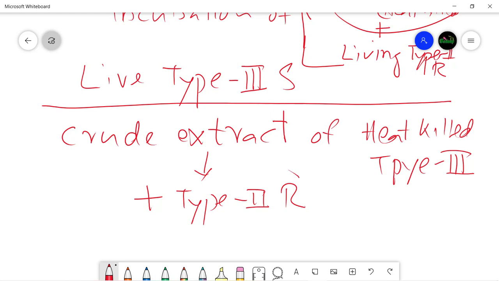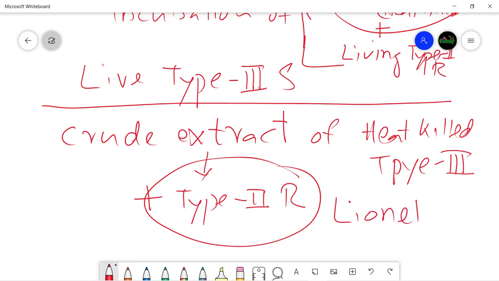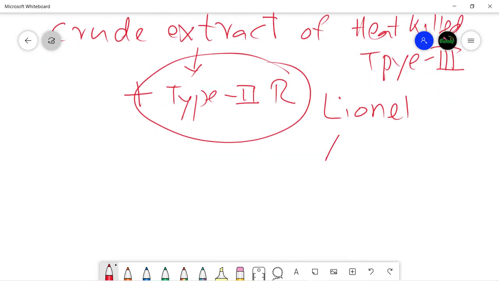These type 2R were transformed into type 3S. These experiments were performed in 1933, about 5 years after the discovery of Frederick Griffith.